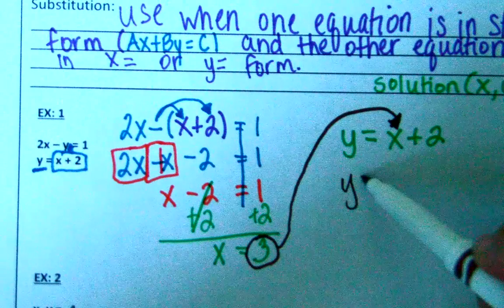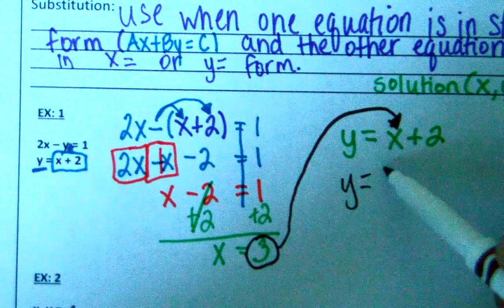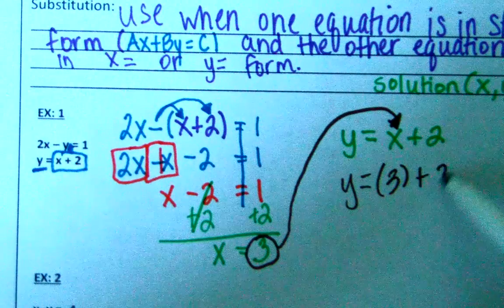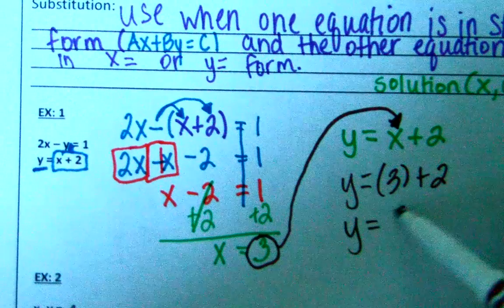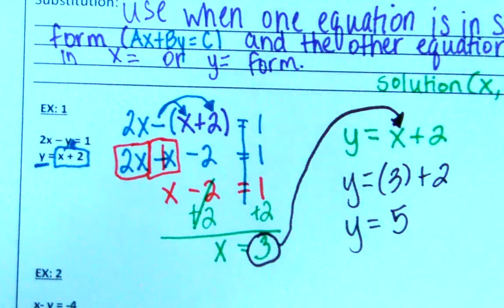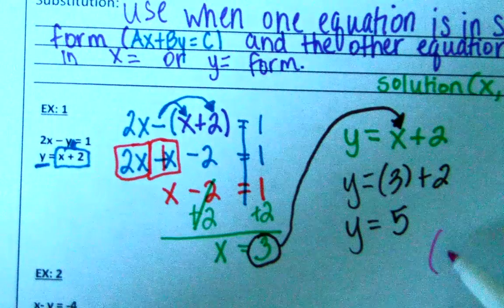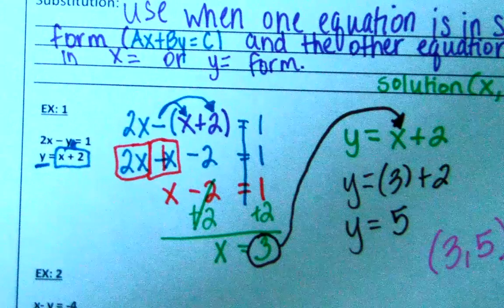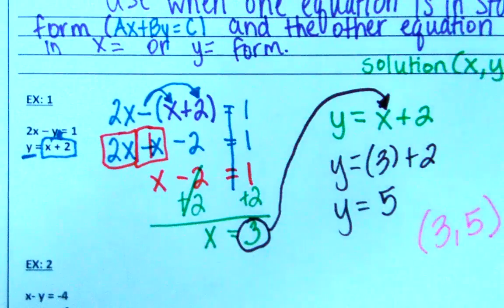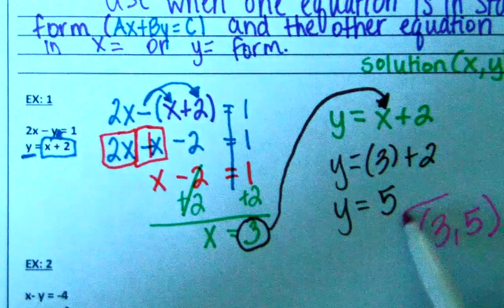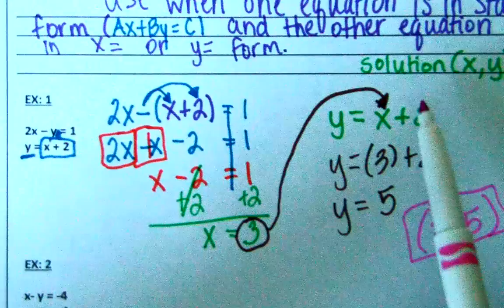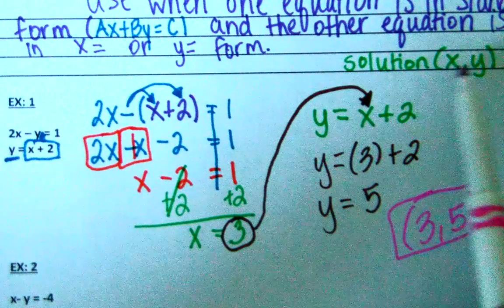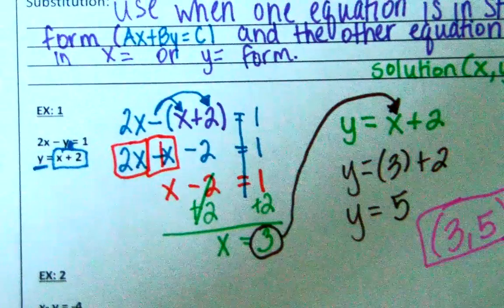So I have y equals, now x is going to become 3 plus 2. So now just solve. What's 3 plus 2? 5. So my answer here is 3, 5. Okay? Because remember, x is 3, y is 5. And remember, for a solution, you have an x value and a y value.